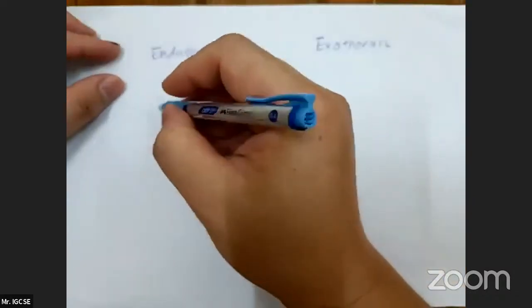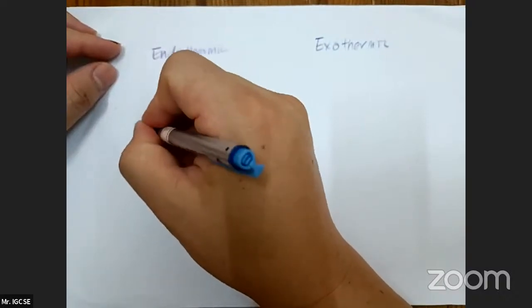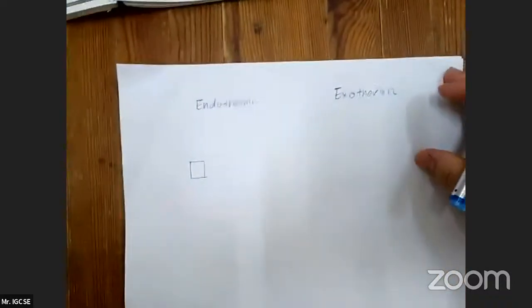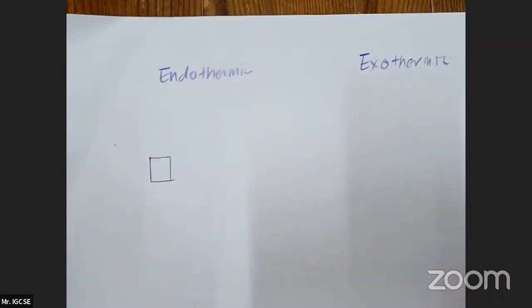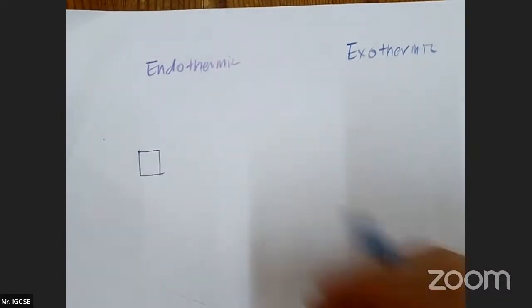So endothermic is that, for example, there is some energy here. Originally, the energy is here, and allow me to make it higher so that you can focus better. So this is energy.